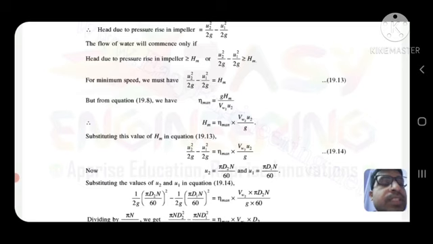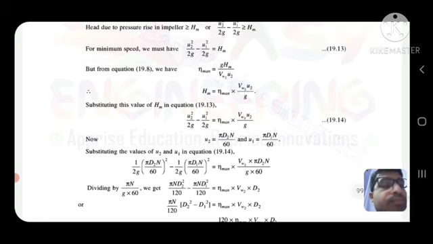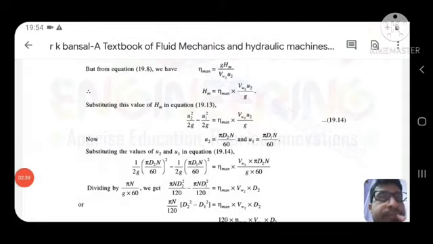Manometric efficiency equals g hm by Vw2 u2. So hm equals manometric efficiency times Vw2 u2 by g.